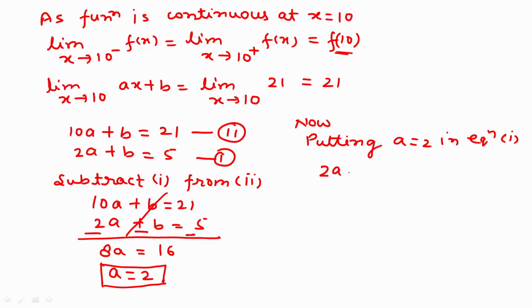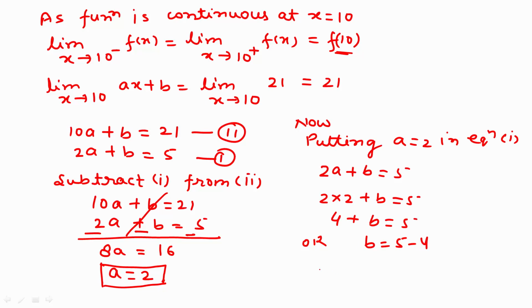So 2a plus b is equal to 5, or 2 into 2 plus b is equal to 5, 4 plus b is equal to 5, or b is equal to 5 minus 4, that is b is equal to 1. So the value of a is equal to 2 and the value of b is equal to 1.